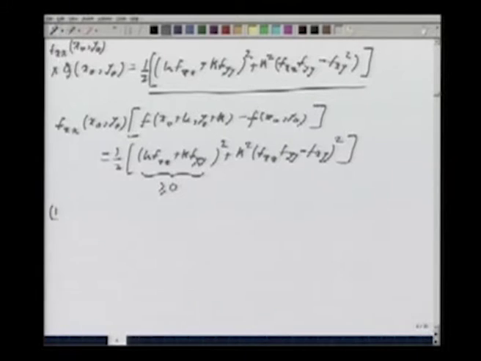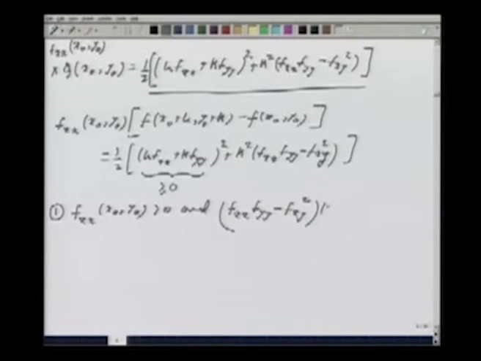So there are several cases. Now let me look at that. Suppose fxx at x naught y naught is bigger than 0 and fxx fyy minus fxy square, sorry, I don't have a square here, what I have is this, and suppose this quantity is at x naught y naught strictly bigger than 0, then of course in a neighborhood of x naught y naught both the functions are bigger than 0.